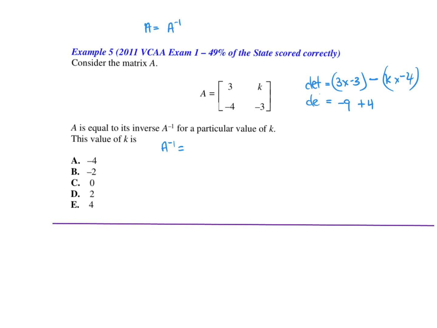So then when I find the inverse, we know that the inverse is 1 over det, and then you swap these two and you make these ones negative. So if I did that here, I'd have 1 over, and all I'm going to do is put that determinant there, and then I'm going to swap these two numbers, which means negative 3 and 3, and then this one would become negative k, and that one.